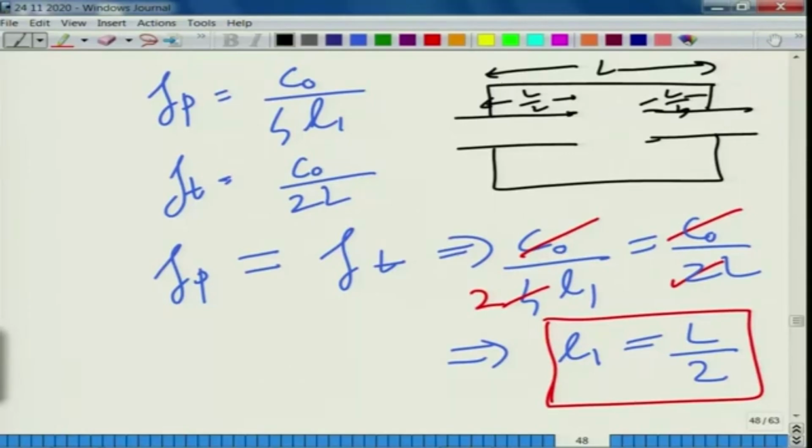This is for the simple reason that the impedance seen by the plane wave at this section, at the frequency given by 2 C naught by L, is infinite, so the wave tends to completely transmit the acoustic power by following the path of least resistance or least impedance, and it goes directly downstream.